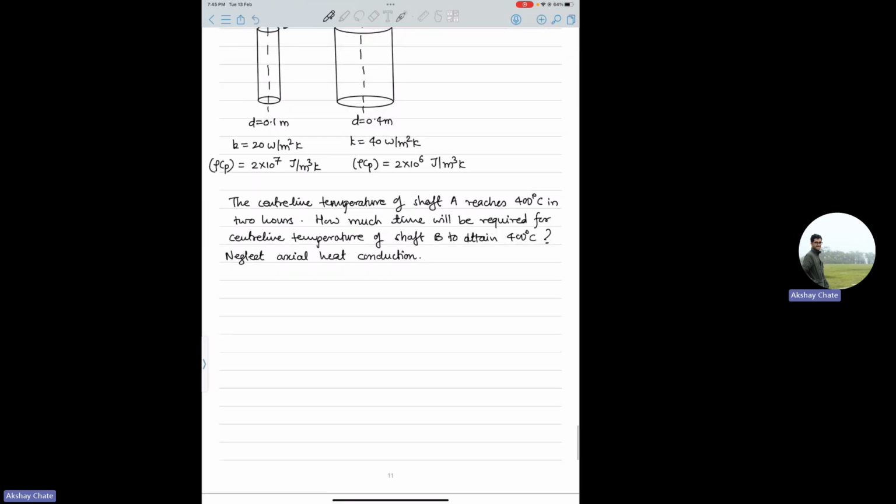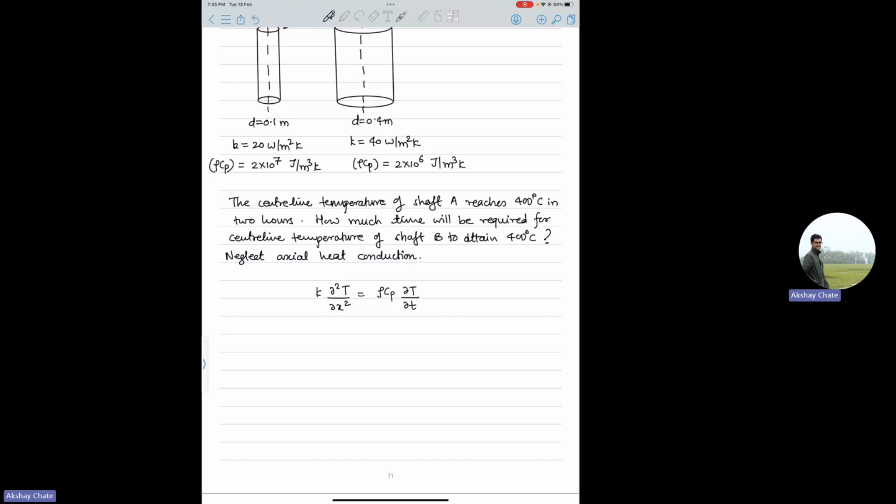Therefore, if you go to your governing equation, that is k d²T/dx² equals rho Cp dT/dt. Because there is no heat generation, the Q dot term will not come. And since it's a 1D problem, we'll assume the radial direction to be the x direction.